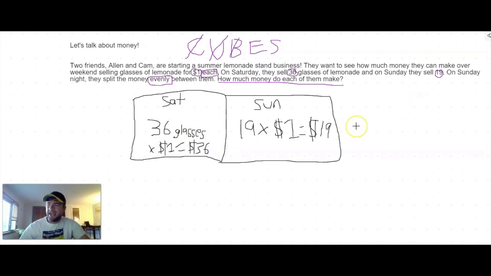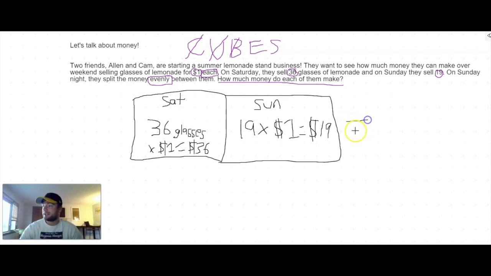Cool. Now, once we have $36 and $19, how do we figure out how much they made over the entire weekend? This is pretty simple. We just add them together to figure out how much money they made over the entire weekend.